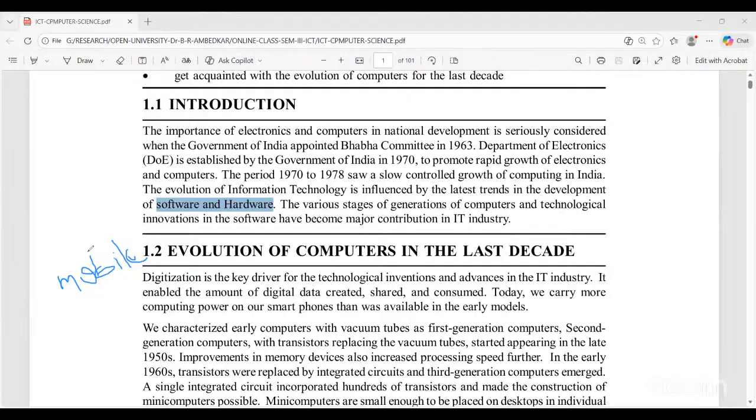And software is supporting the hardware, which we cannot touch and feel. So ICT is a combination of hardware and software. So this is the introduction part.